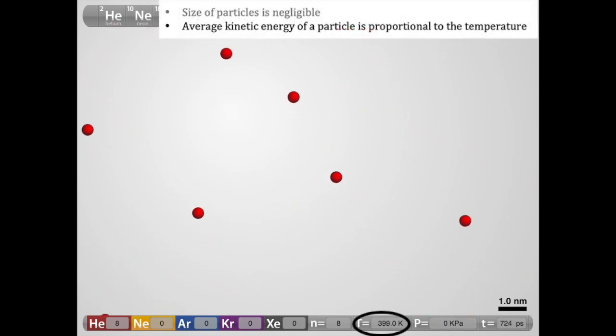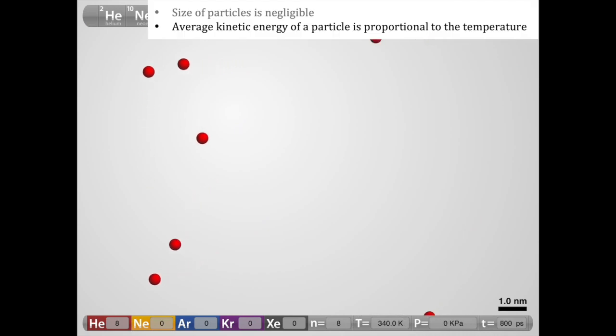If I increase the temperature, you will see that the particles are now moving a lot faster than they were earlier. If I decrease the temperature, you can see the particles suddenly lose energy and become slower. If I move it back up, you can see they're moving fast.